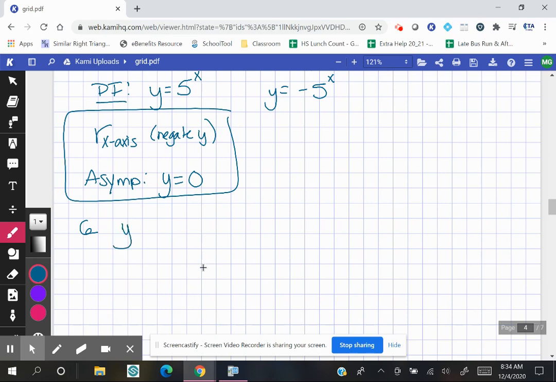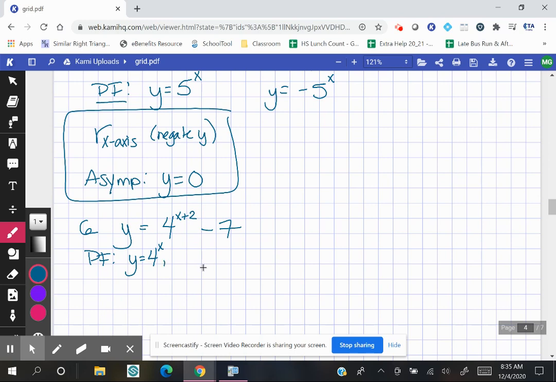Okay, try 4 to the x plus 2 minus 7. Pause the video, write down your parent function and any shifts that occur and your equation for the asymptote. Okay, so the parent function here would be, take off all our shifts, we're just left with y equals 4 to the x. So just your variables and the base there.